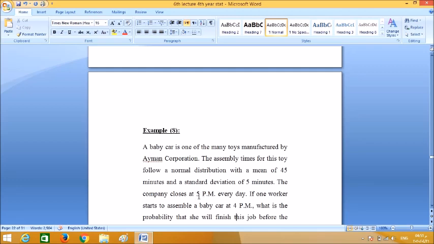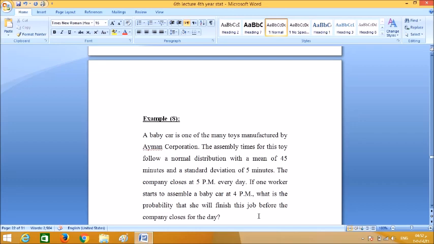Okay, the company will close at 5 p.m. and the worker starts to assemble the baby car at 4 p.m. What is the probability that she will finish the job before the company closes for the day? This means, what's the probability that she will finish during 1 hour, from 4 to 5.